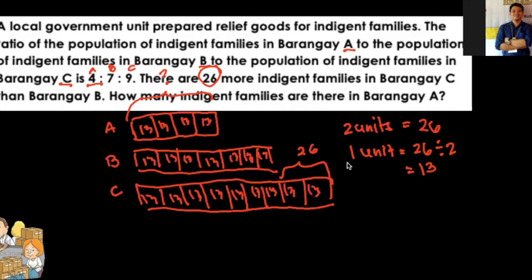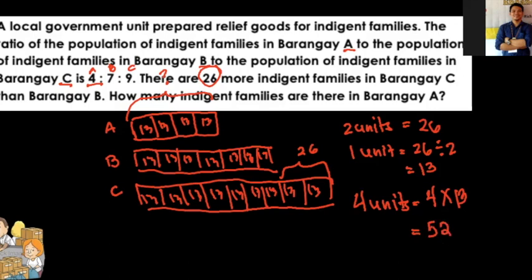So to get the number of indigent families for Barangay A, we have in Barangay A 4 units. That's equal to 4 times 13. Okay, so 4 times 13 is equal to 52.